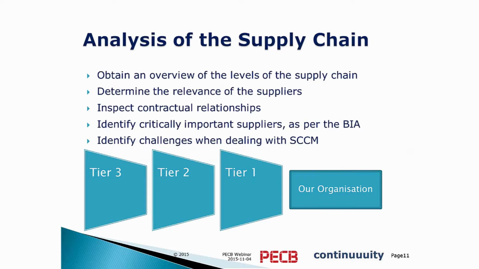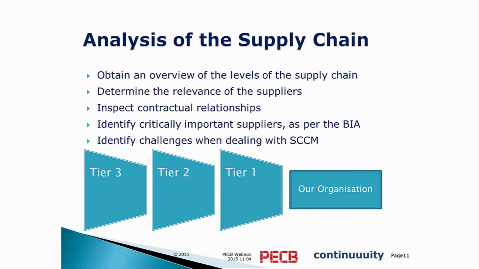The standard also asks to analyze in depth the supply chain, and here is an example why it's really called supply chain, because if you imagine our organization in the bottom right hand corner, we see our supplier on tier 1, but more often than not, this tier 1 supplier depends on 1 or several tier 2 suppliers, and so on and so on.